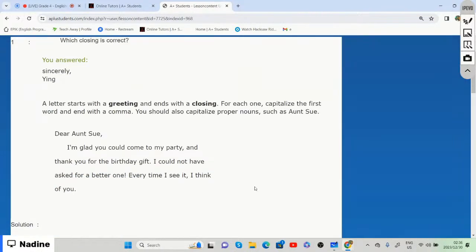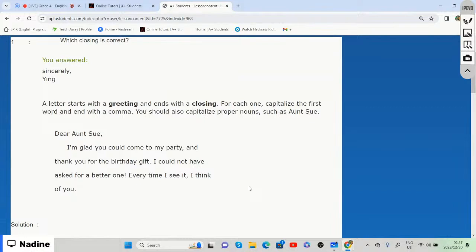So we said a letter starts with a greeting and ends with a closing. It's the same as me starting the lesson: I first greet, and when I'm done with the lesson, I close by also greeting.